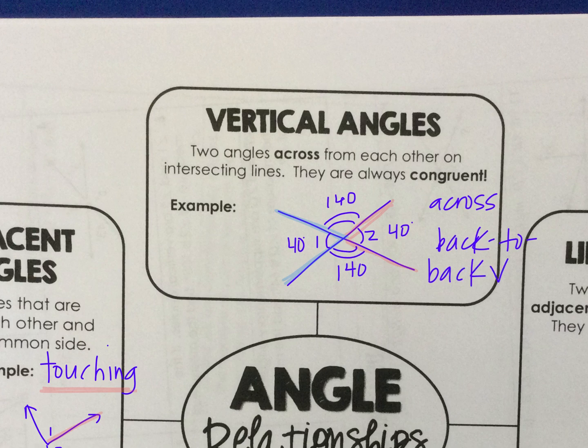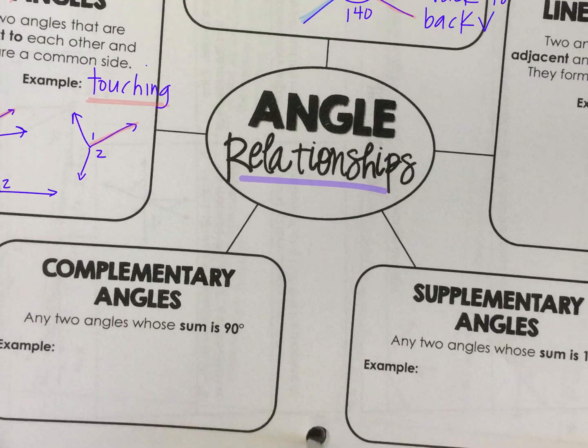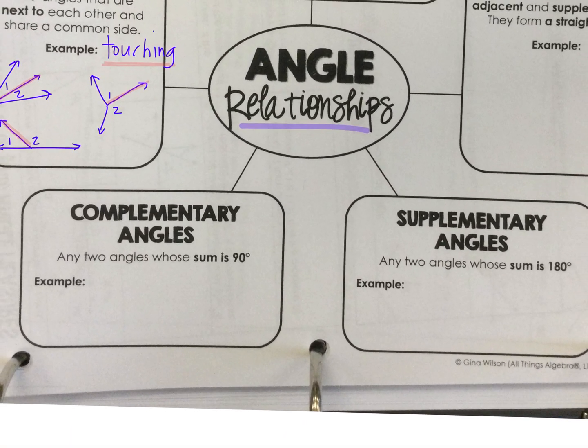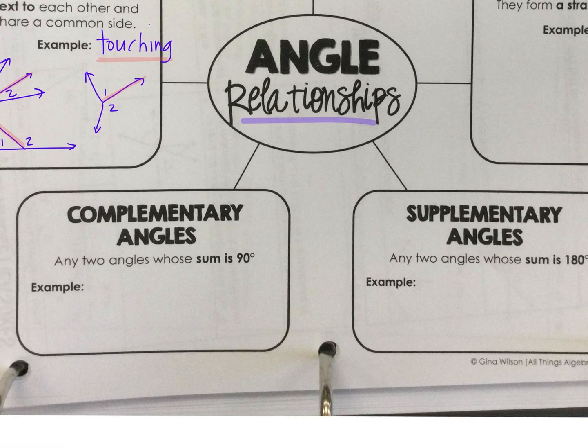Let's go down to complementary and supplementary. Yesterday I told you to help remember, complementary starts with a C. It's the 90. It's the smaller one. Supplementary starts with an S. It comes later in the alphabet. It's the bigger number, 180. Complementary just means two angles that add up to 90 degrees.